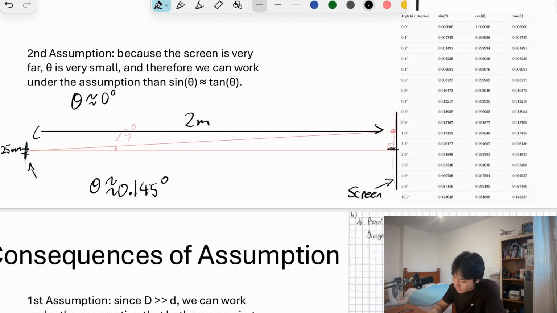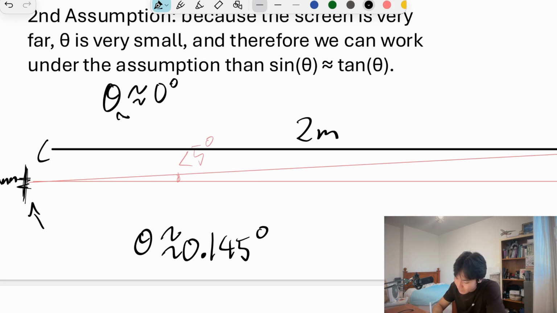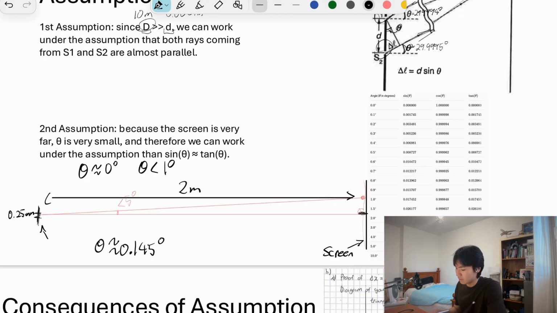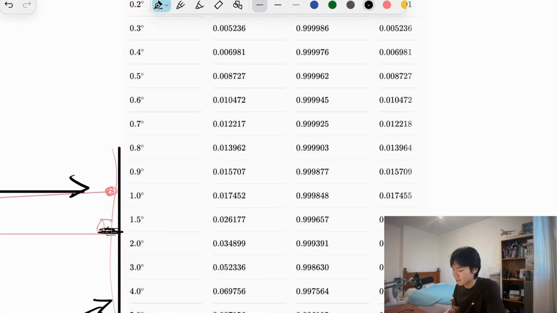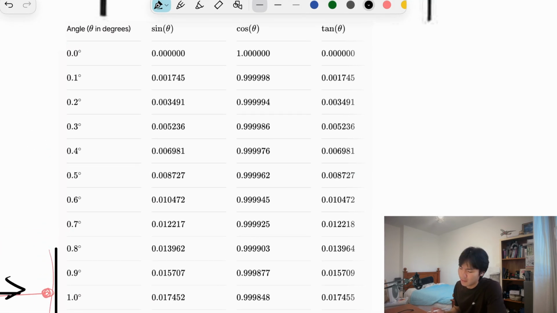Although I wrote that theta is approximately zero, I think it's always better to write that theta is smaller than 1 degree. I made a table here, as you can see. It's different from before because the previous one was quite confusing, so I think this one is better.